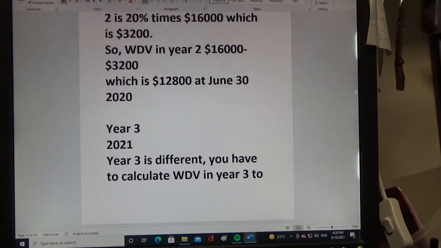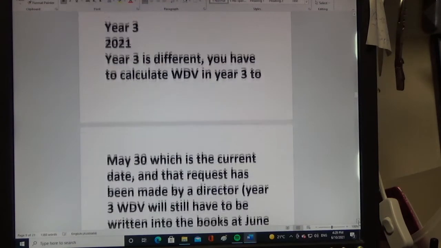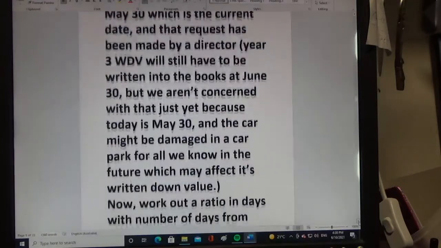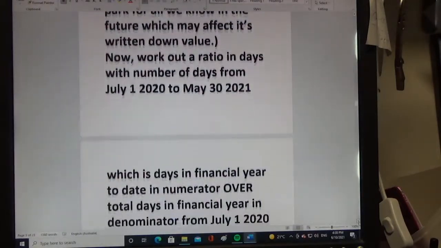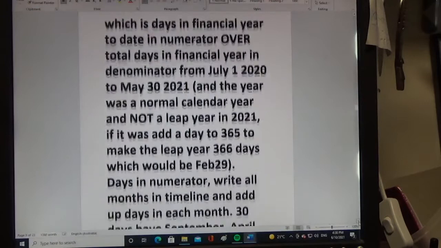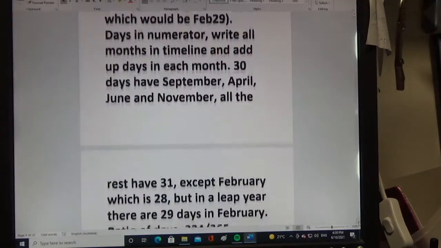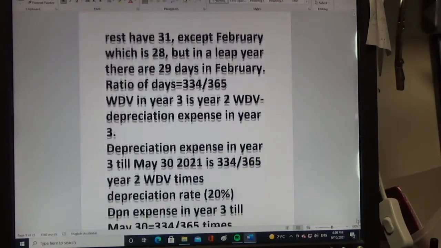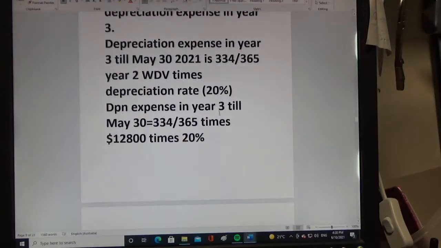So 12,800 was the previous period's written down value. Let's go through the calculation again. Sorry, if I said that is depreciation expense, that figure is the written down value for the previous period, year 2.